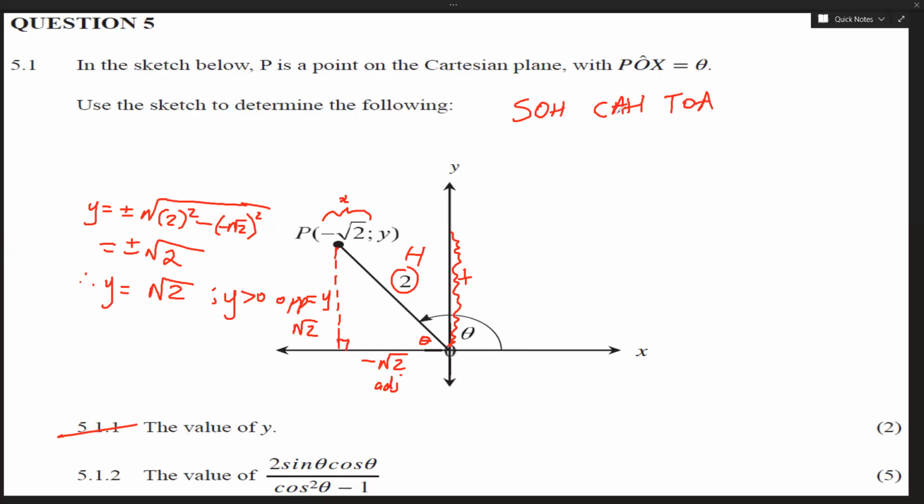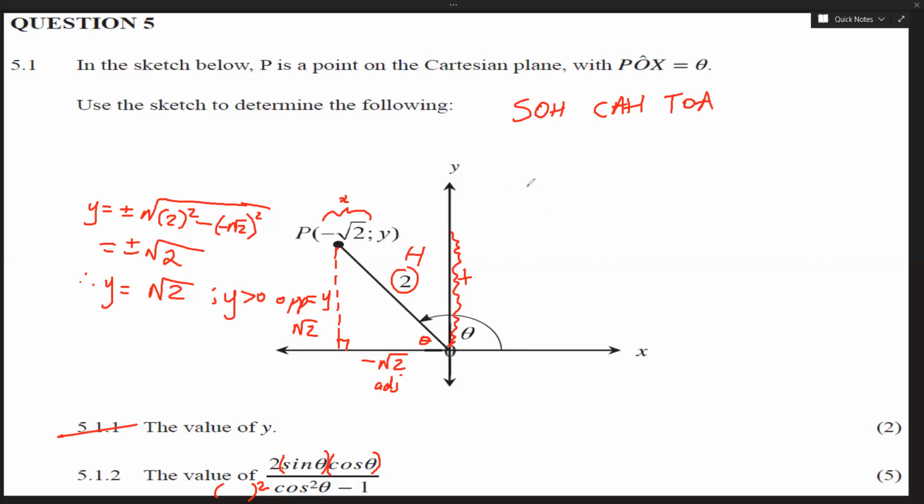Cos theta is adjacent divided by hypotenuse, and tan is opposite divided by adjacent. Okay, awesome. So now, on my formula here, I'm going to make brackets. For the cos squared part, because it is a square, you're going to put a square there.